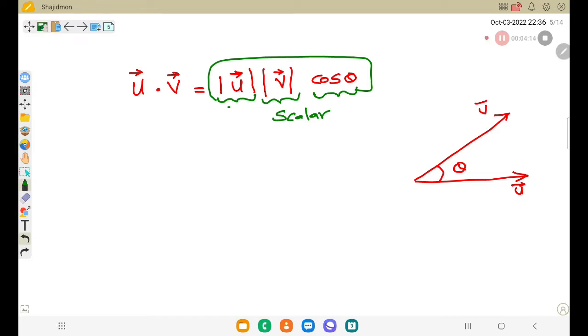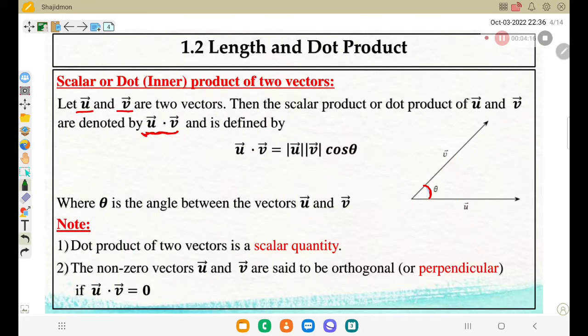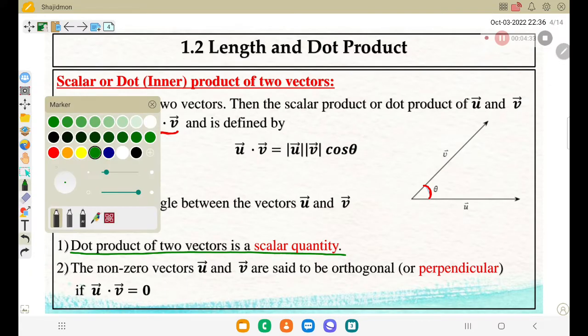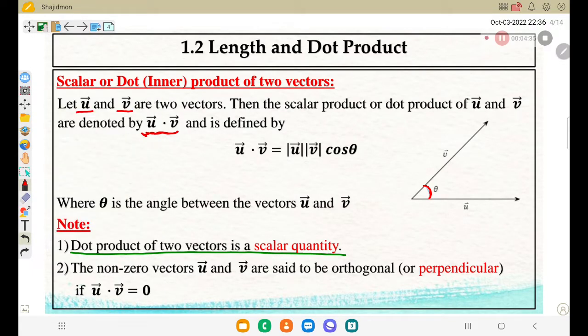So this product has another name also. u dot v means the dot product of two vectors, and another name is scalar product. That is why we use the words scalar product or dot product, or we can call it inner product. So the dot product of two vectors is always a scalar quantity. Keep that in your mind, it is a scalar product.